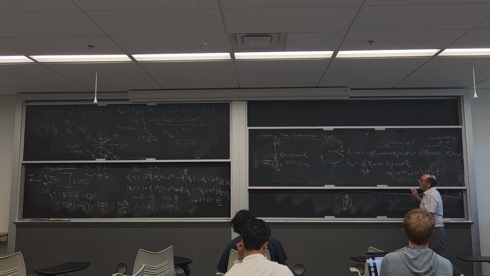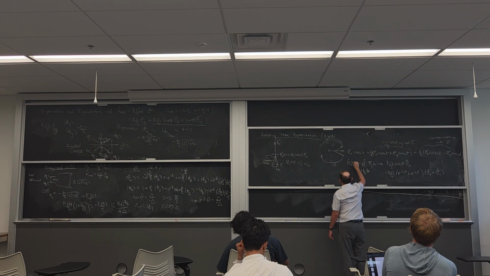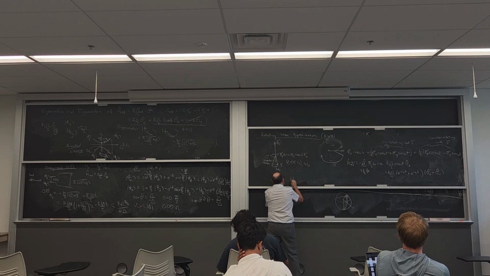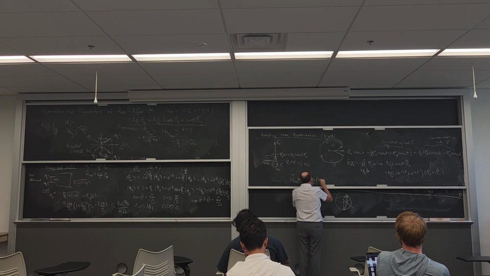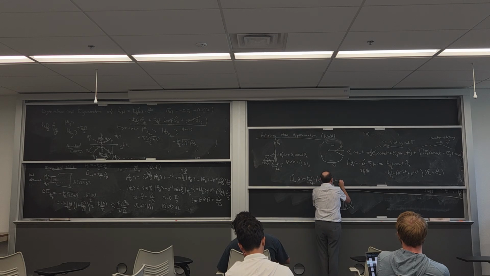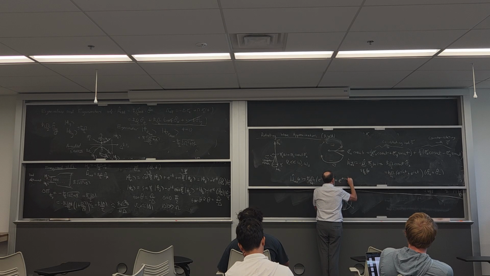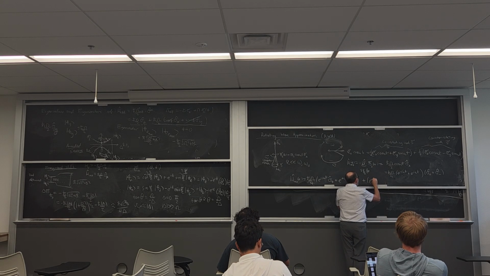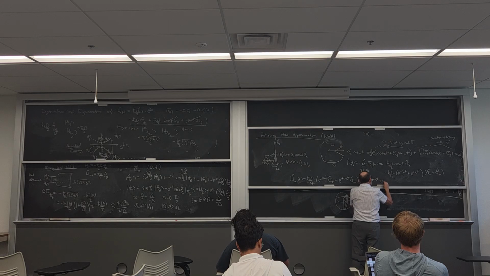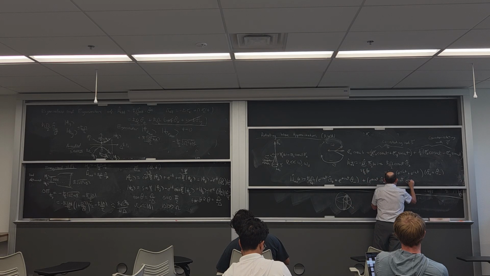Okay, so the interaction Hamiltonian is equal to h bar omega over 4, e to the minus i omega t sigma plus, e to the plus i omega t sigma minus. And then I have e to the plus i omega t sigma plus, e to the minus i omega t sigma minus.